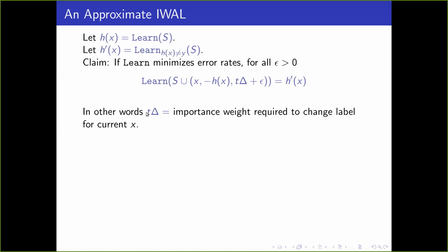I switched back to using t here. t was k, your number of samples, so t delta is the amount of extra error that you encounter. The claim is that if you take your data set S and plug in the opposite label from h of x, with importance weight t delta plus a tiny bit for technicalities, then the learning algorithm will in fact output h prime of x.